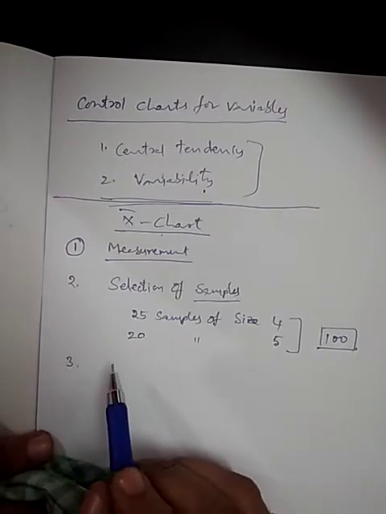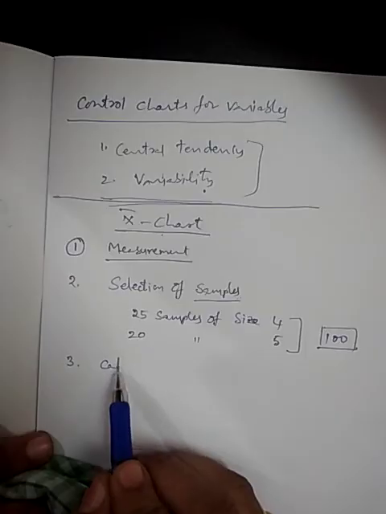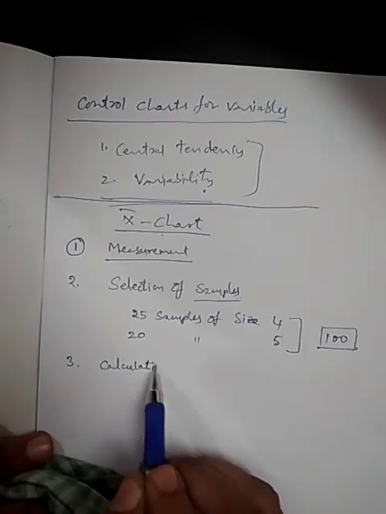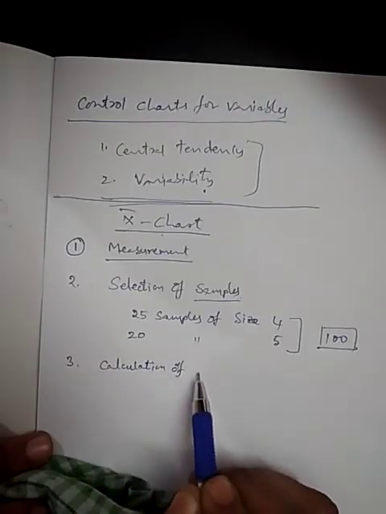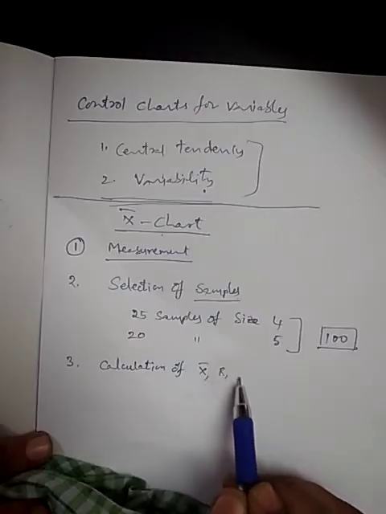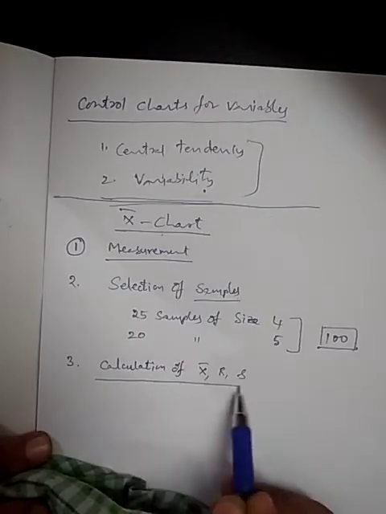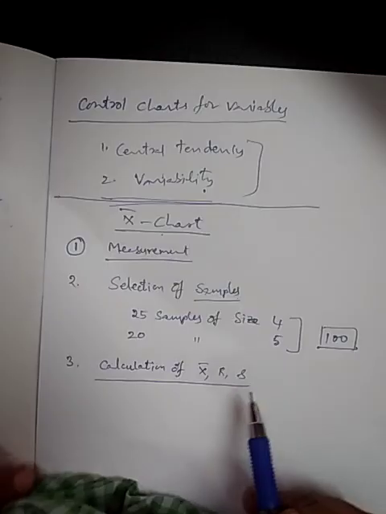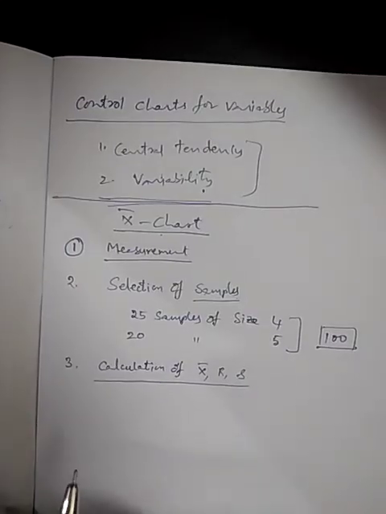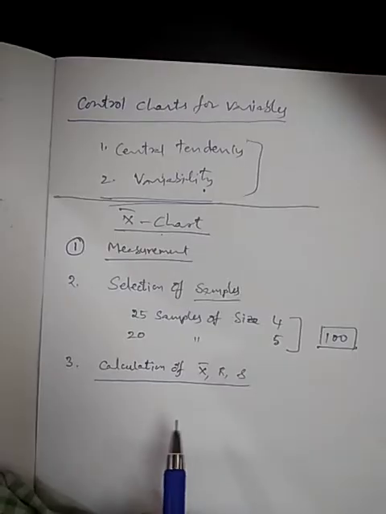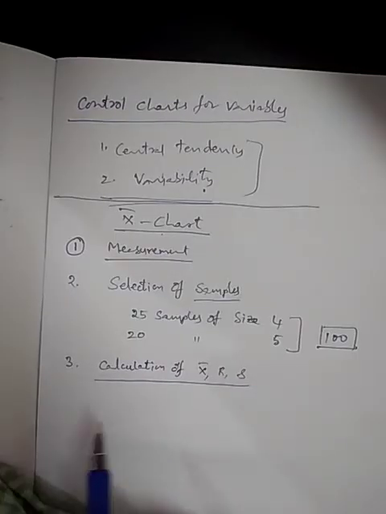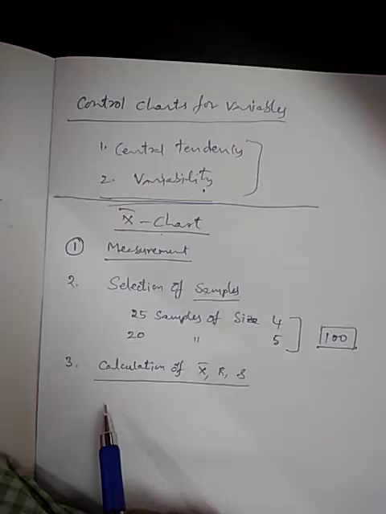And the third point, calculation of various measures like X bar, R, S for each and every subgroup or sample. For all the samples, we have to calculate these measures X bar, R and S. Before that, I will tell you the measurement.